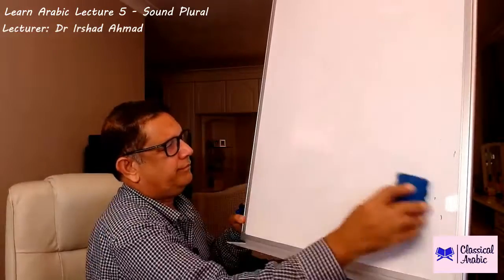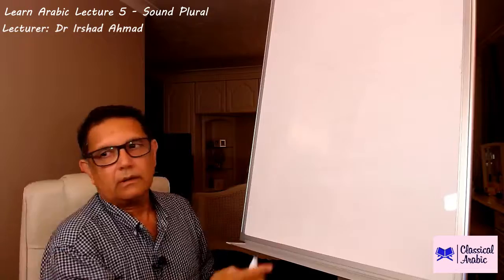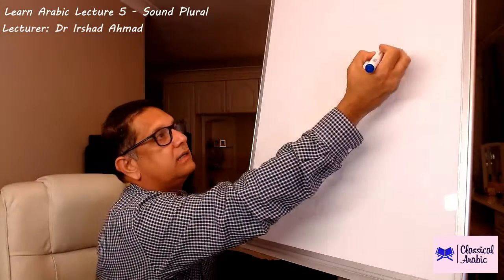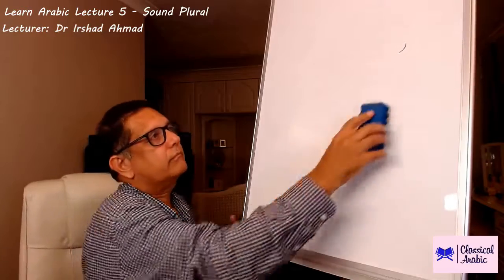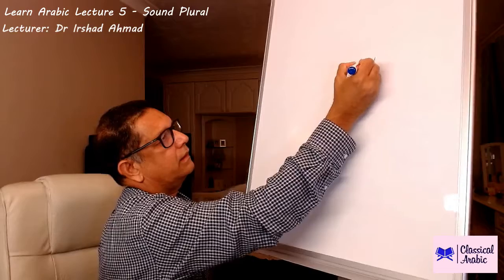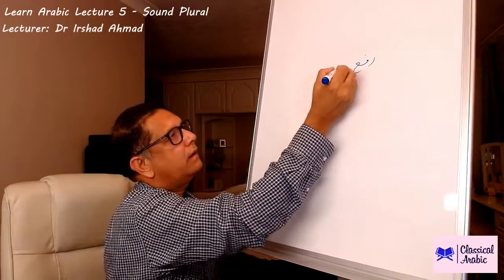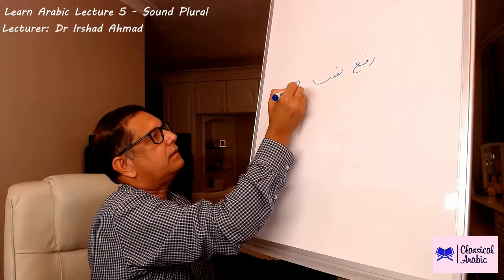So let us write horizontally rafa, nasab and jar, the i'rab.